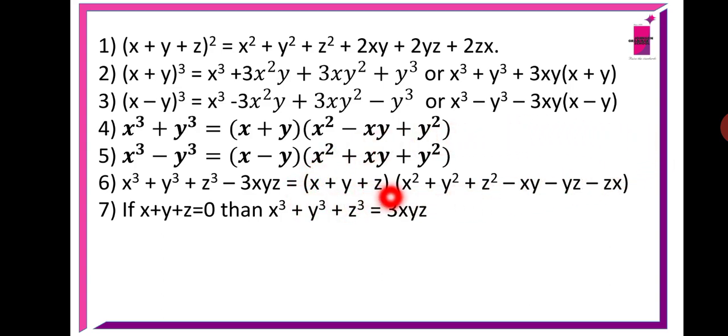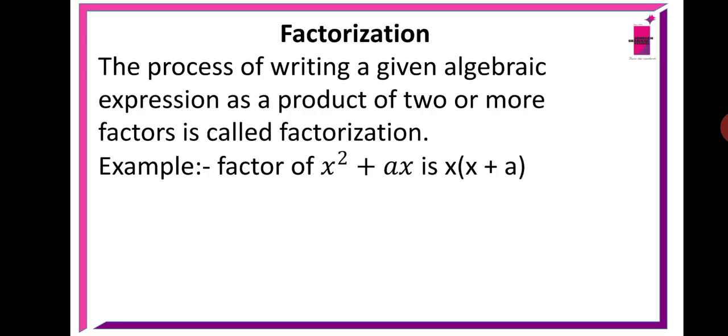Now x cube plus y cube plus z cube minus 3xyz will be equal to 0, because our entire RHS becomes 0. 0 into something is 0. So minus 3xyz, if you send it to the other side, you will get plus 3xyz. So if x plus y plus z equals 0, then x cube plus y cube plus z cube equals 3xyz.